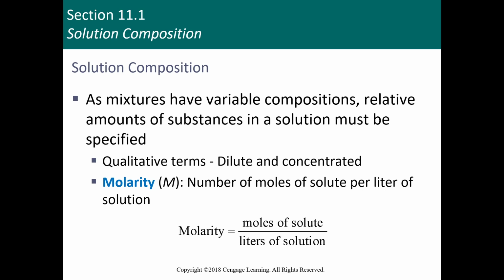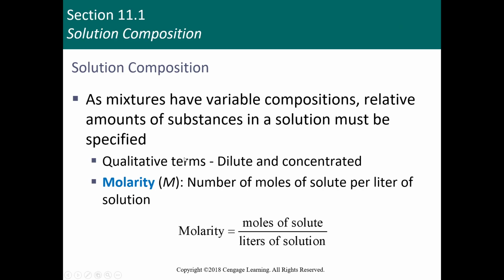Now, the amounts of the substances in a solution, we need to specify those because it makes a very big difference whether we have, for example, a lightly salted drink, like a soda or something, or brackish seawater. It also makes a very large difference whether we had beer or vodka, right? Especially if we end up in the emergency room.